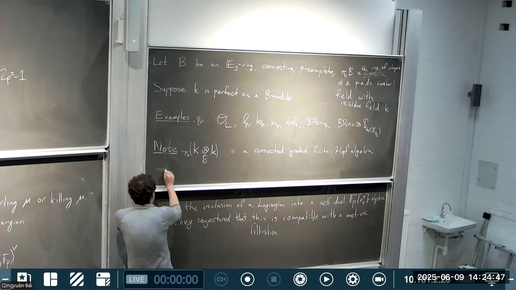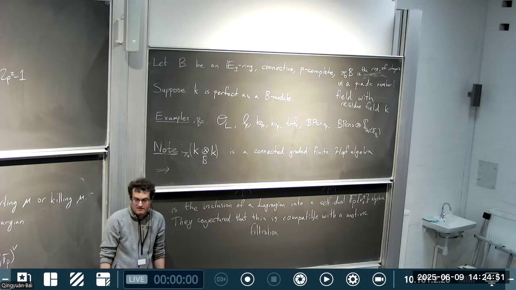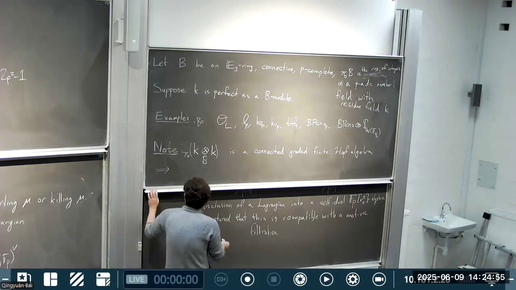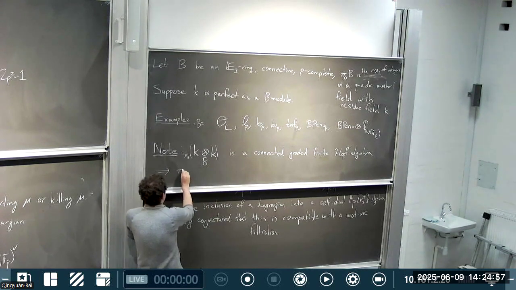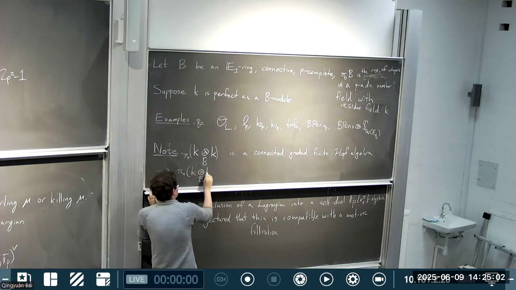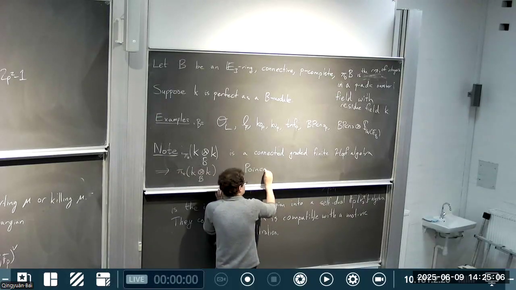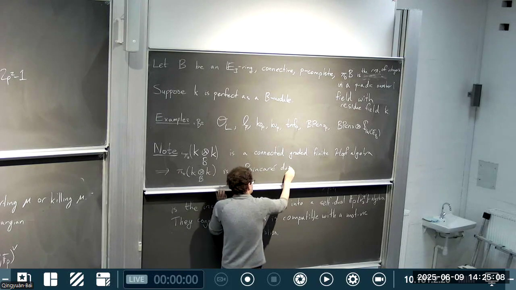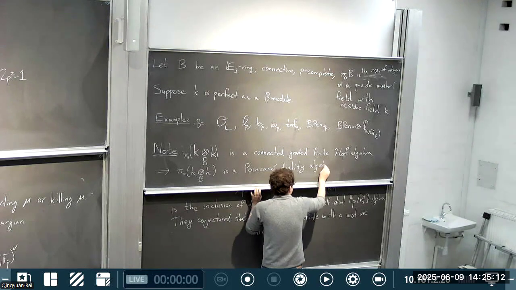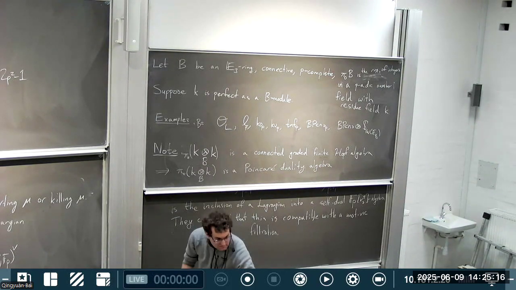So there's a classification of connected graded finite Hopf algebras. If you, for example, look in Margulis's book, there's an exposition of the fact that this implies it is a Poincaré duality algebra.